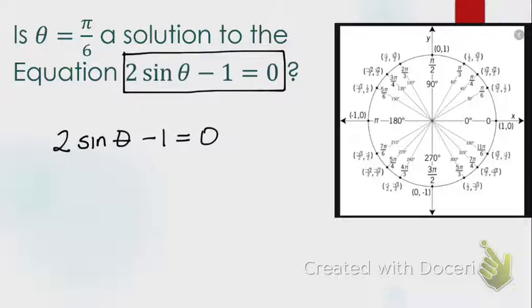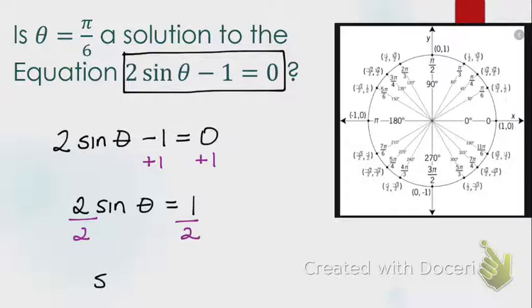So you have to add the 1. And then you have to divide by 2. Now the opposite of sine is the inverse sine.